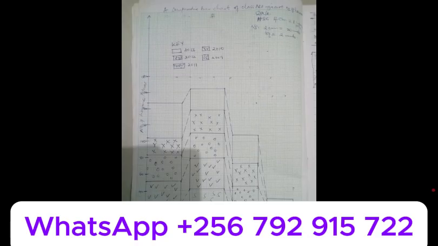On the horizontal, I have the insurance types, then on the vertical, I have the number of insurance policies.